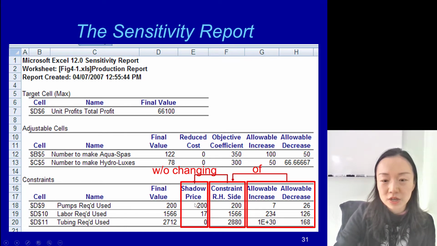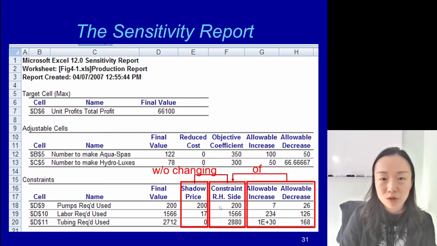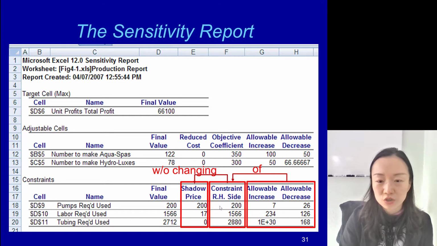Note that here they are not the allowable increase and decrease for the right-hand side without changing the solution or without changing the optimal objective function value, because from the early graphical representation, you know that when you change the right-hand side of a constraint, the feasible region changes, okay?